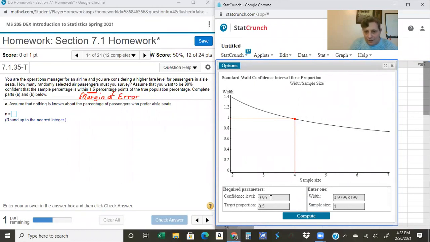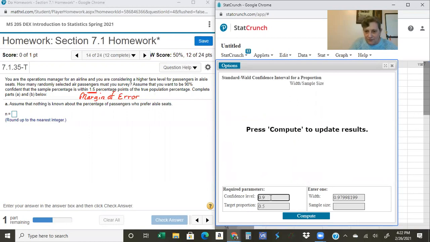We want to be 90% confident, so that's 0.9. When we don't know the percentage, we'll always go with 50-50. That will give us the largest margin of error, so it can't be too small. So if you don't have a percentage, leave that at 0.5.